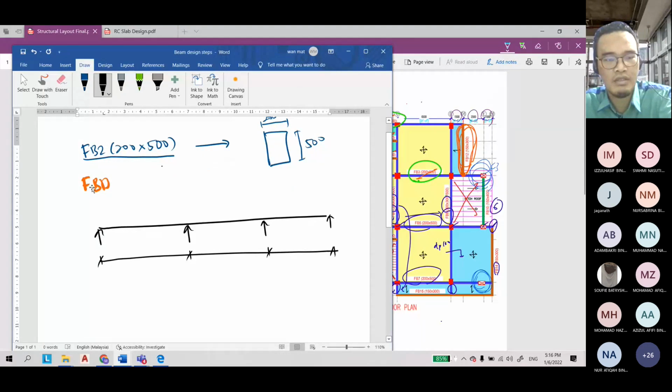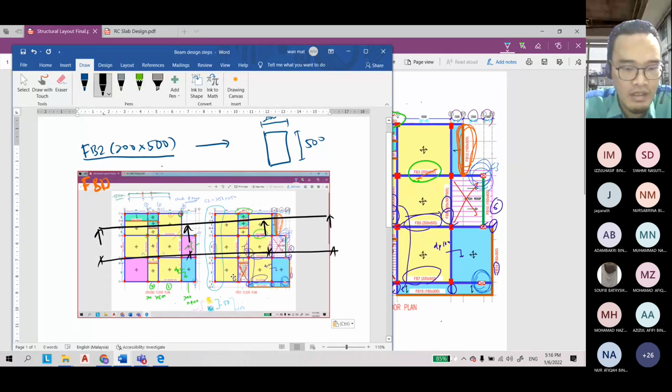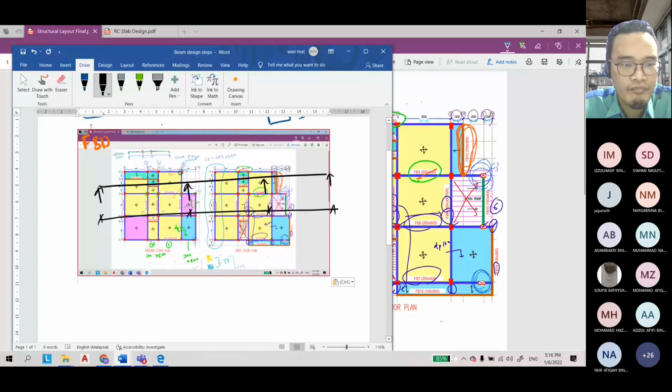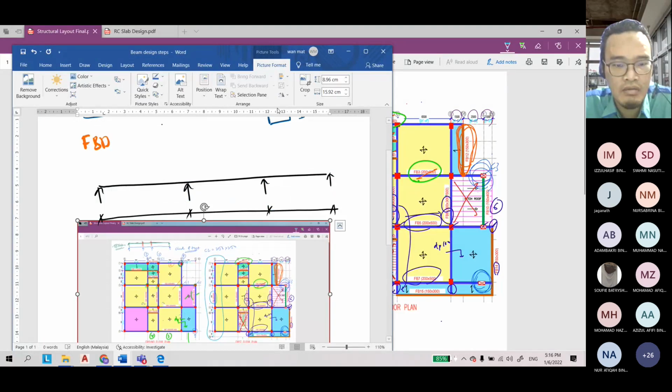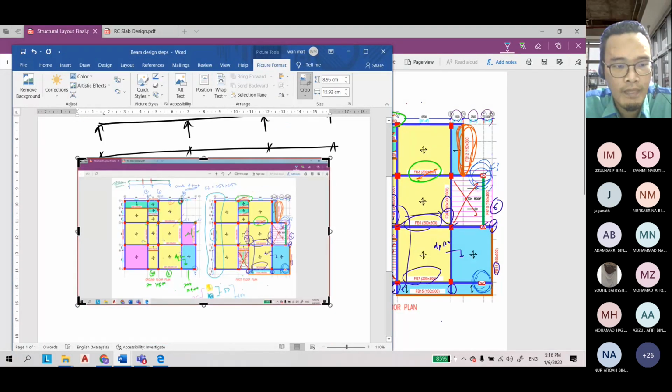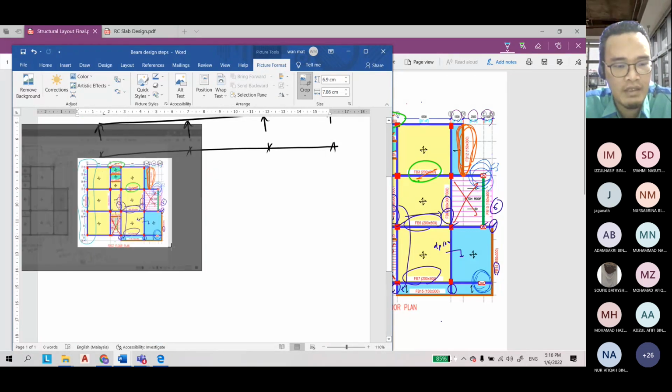Sorry, before I do this, I do the screenshot first. I do this here, then I crop. So I show the position, the key plan.